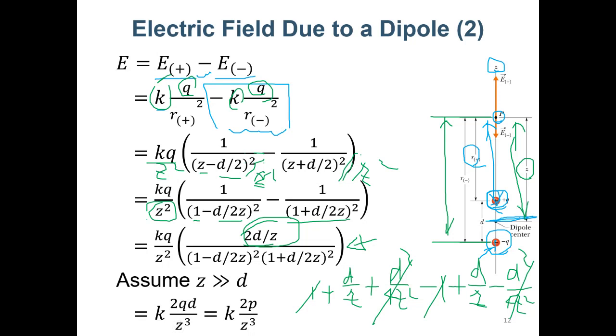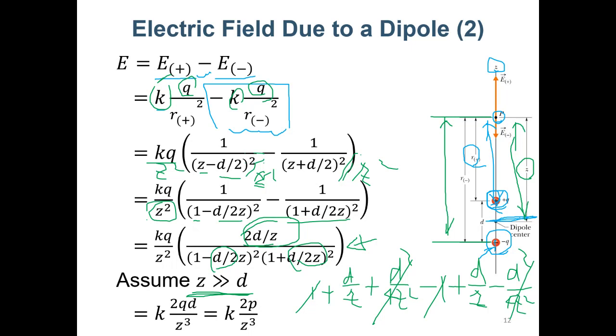And actually, remember we assume that z is much larger than d. So this term tends to 0, and this term also tends to 0. So the denominator is 1 times 1.